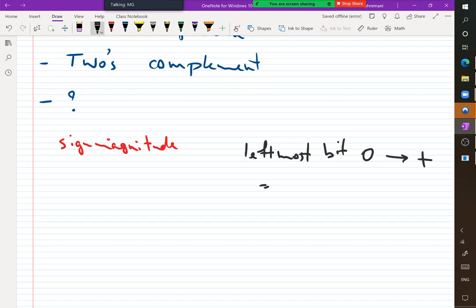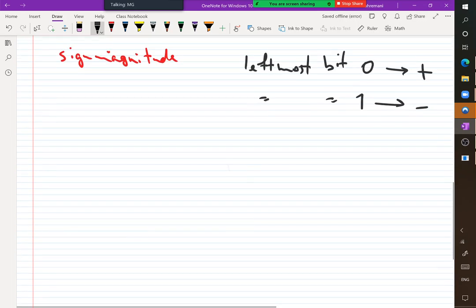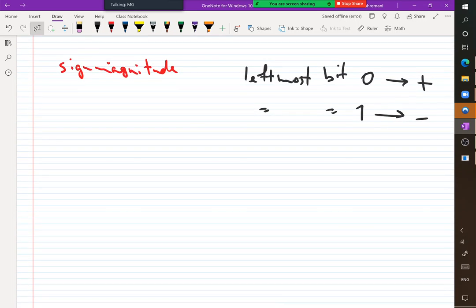If the leftmost bit is 1, the number is negative. That's it. Okay, simple. So if the leftmost bit is 0, the number is positive. If the leftmost bit is 1, the number is negative.